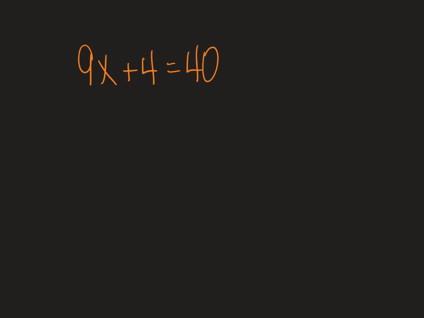Okay, so remember you're going to isolate your variable, and if you want to do it the way that I just showed you, you're going to do the inverse operation of this. So what's the opposite of addition? Subtraction. So 9x, because what am I doing? It's minus 4.